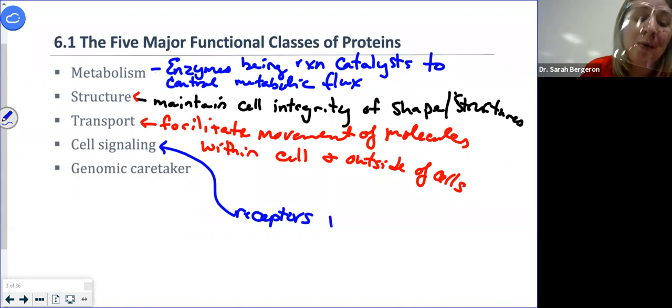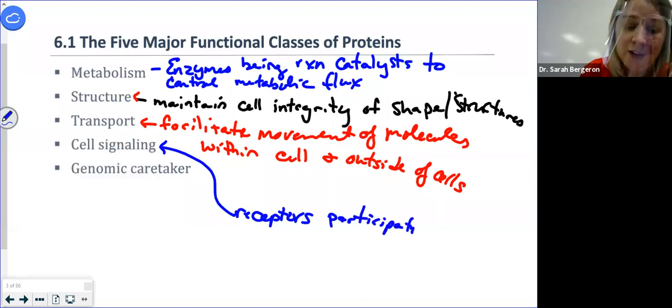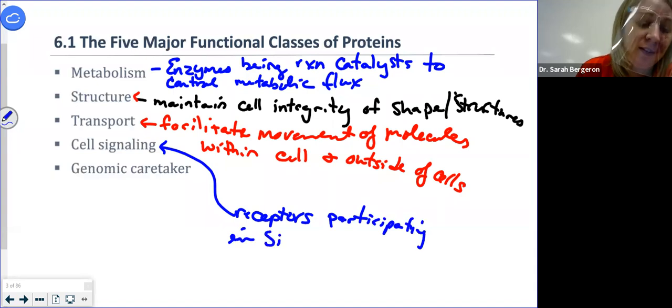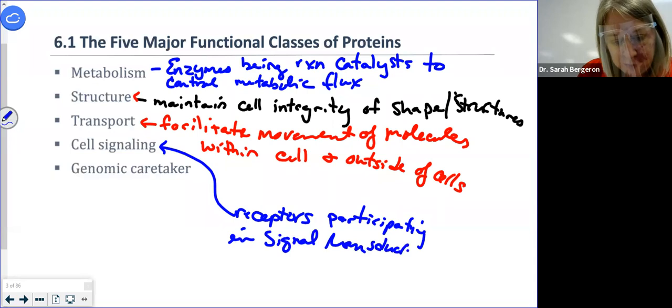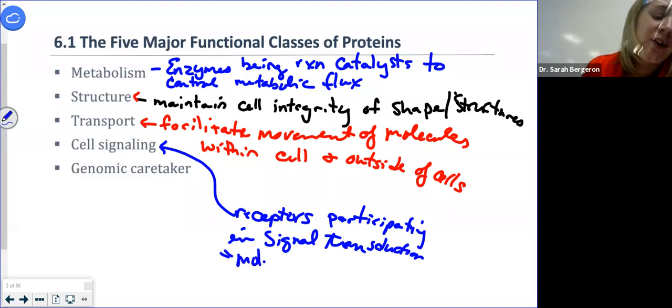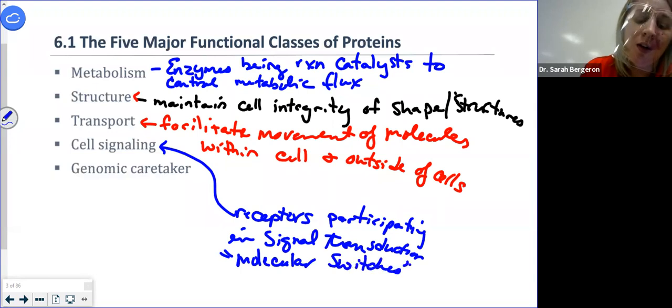Yeah, receptors participating in signal. I like to call these molecular switches, right? Because they turn functions off and on inside of the cell.